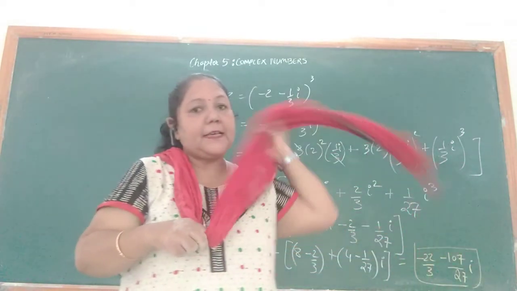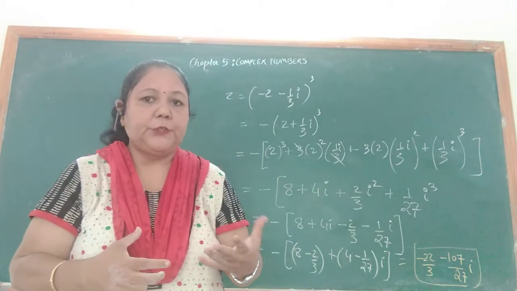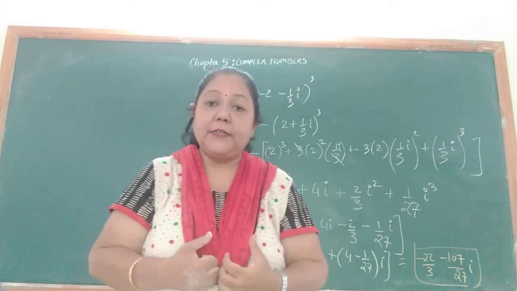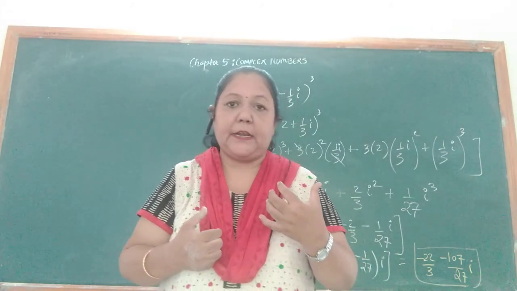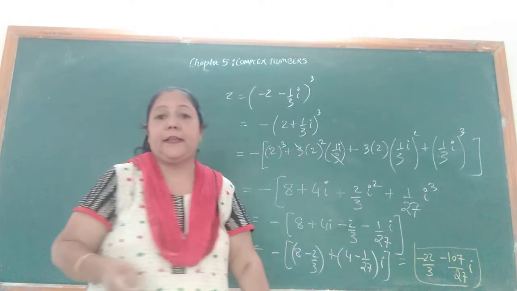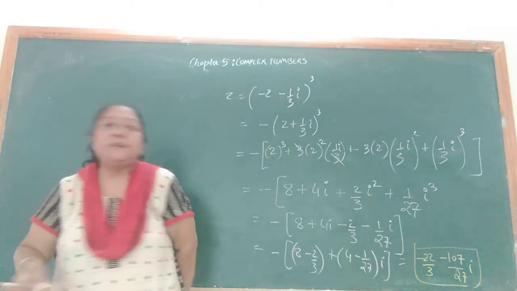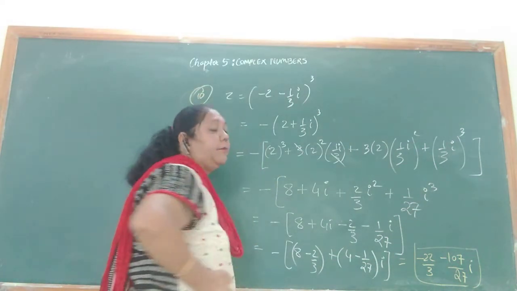So in exercise first, in many of the questions you were told to convert into a plus ib form. Every question you solved till now was your question number 10.